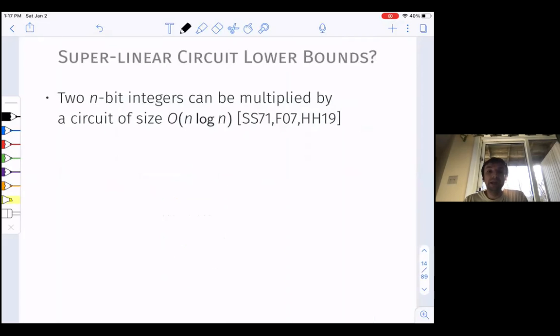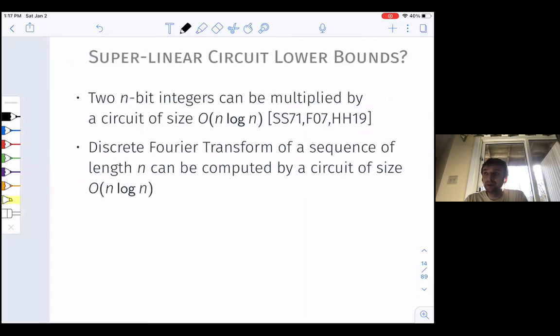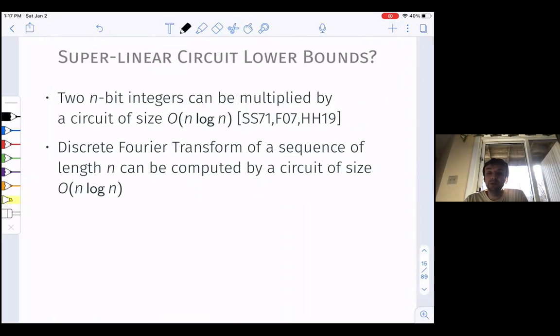All right, but we have many candidates for super linear circuit lower bounds. Say we know how to multiply two integers by a circuit of size n log n, and many people conjecture that this should be tight, that we should be able to prove a matching lower bound. We just don't have tools for proving such lower bounds. Same with the discrete Fourier transform. We know how to compute it by a circuit of size n log n, and probably this is optimal, but we don't know how to prove a matching lower bound.